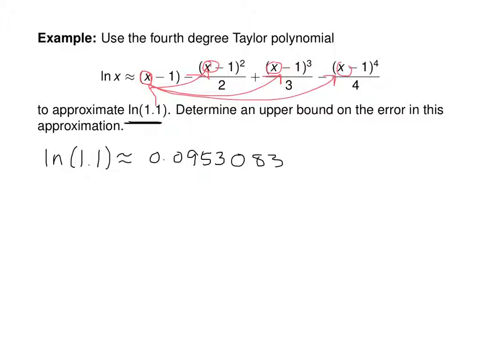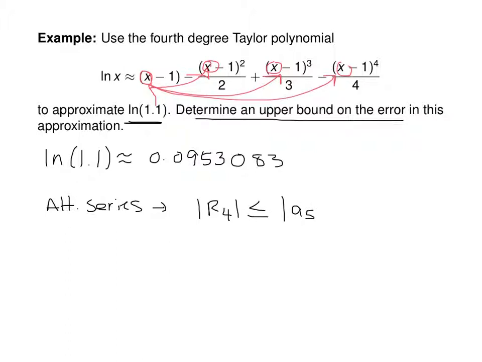Now the next thing we can do is determine an upper bound on the error. We learned in a previous section that because this is an alternating series, the remainder of using the first 4 terms is less than or equal to the absolute value of the next term left off.